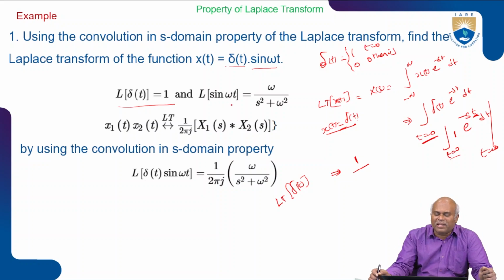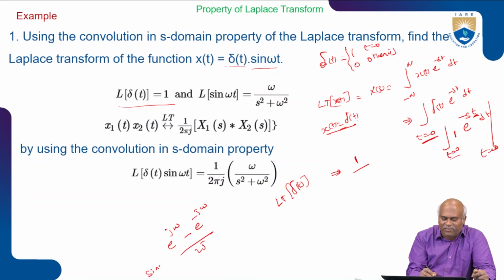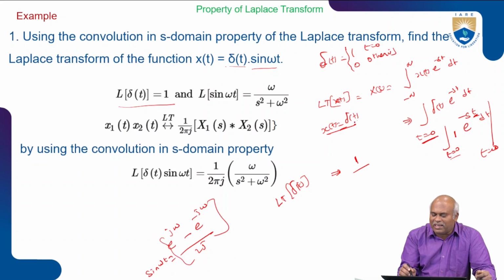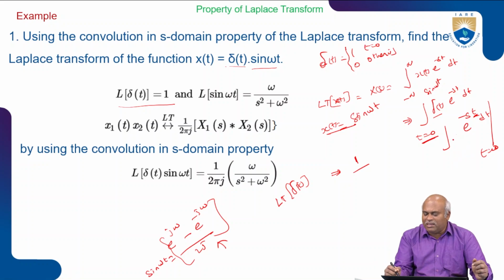At the same time, to take the Laplace transform of sine omega t, the same as before, we write sine omega t as e power j omega t minus e power minus j omega t, divided by 2j.